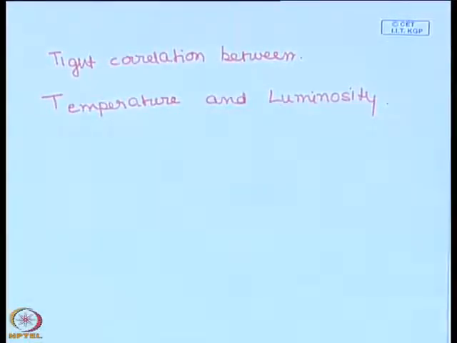And understanding this was a very big issue. What gives rise to this tight correlation between the temperature and the luminosity of a star?